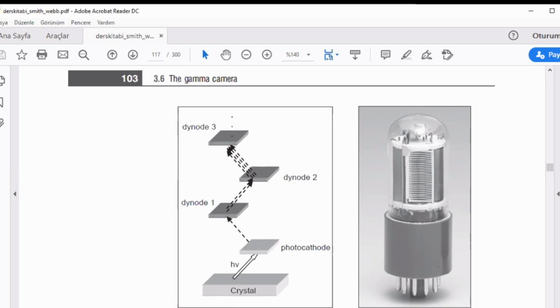Gamma rays or light photons coming to the crystal at the top, the circular region, are photoelectrically transformed to electrons. This is the energy equation inside. The electrons are attracted by the positive voltage, they hit the plate and produce more electrons.